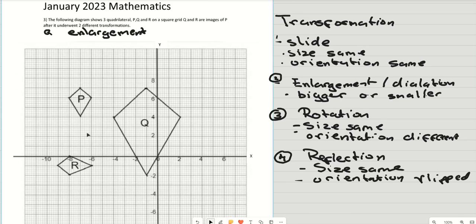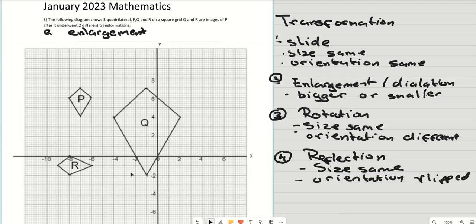Then if we look at P and R, we see first off the orientation changes. So it cannot be a slide, right? It cannot be enlargement or dilation because it did not get bigger. It's the same size, right? It's either a rotation or reflection.